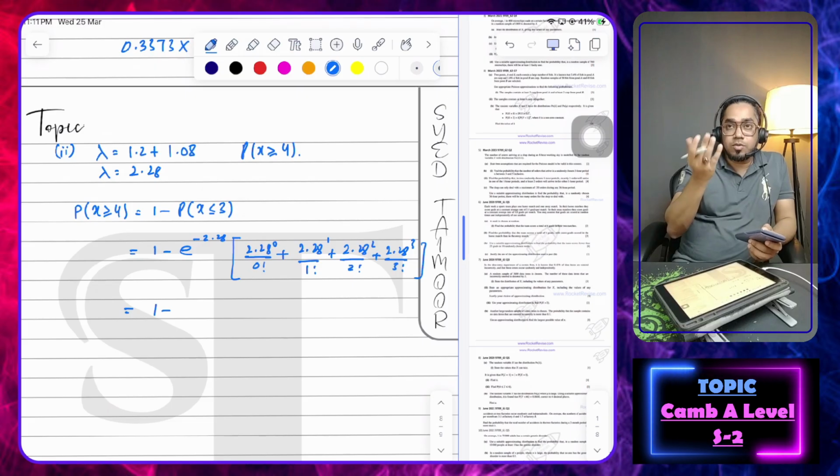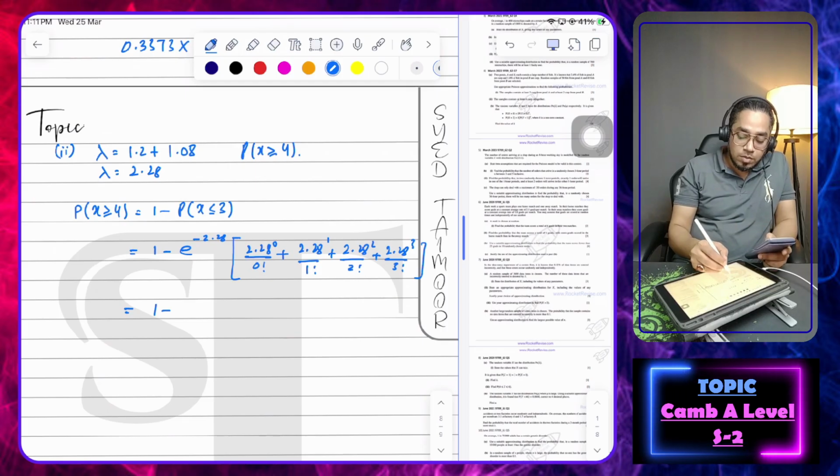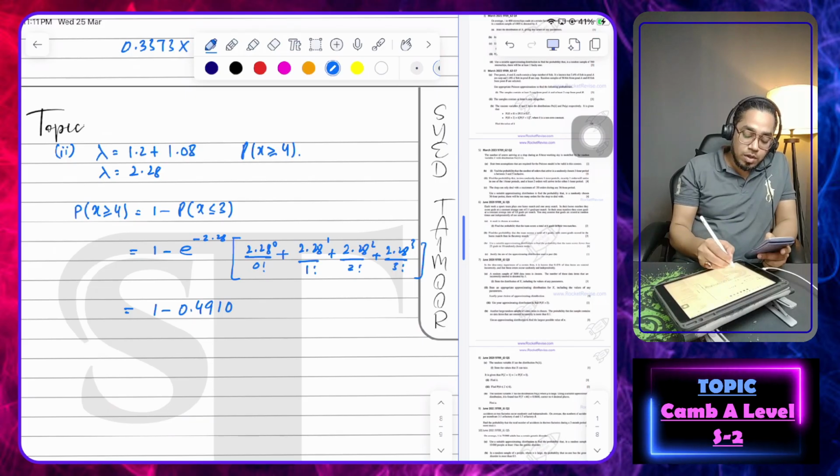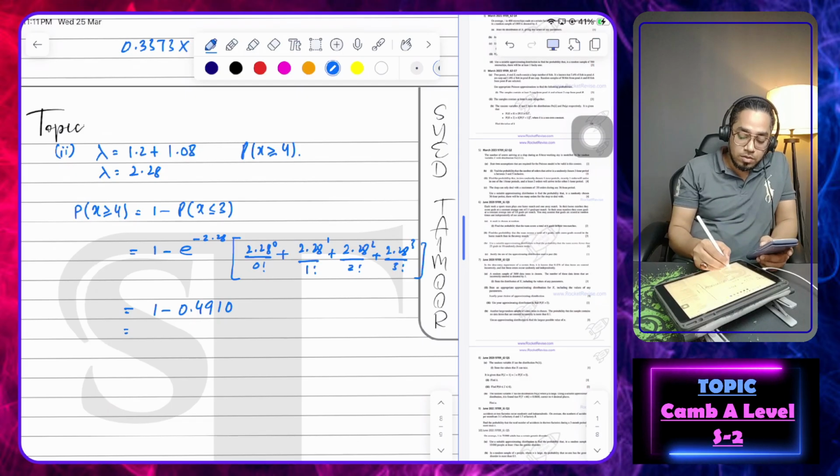It is 0.4910, and 1 minus 0.4910 is exactly 0.509.